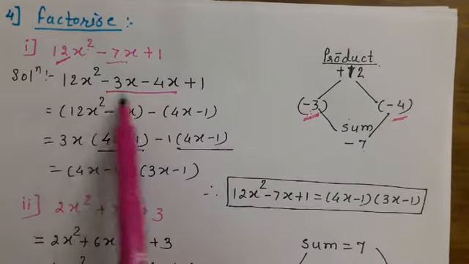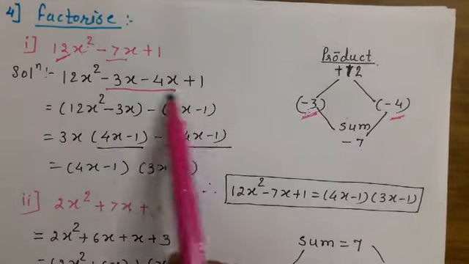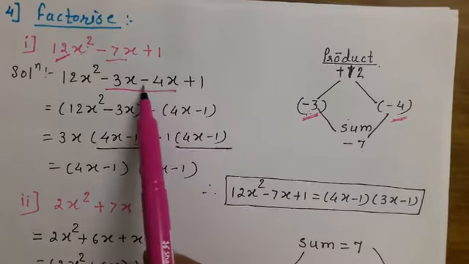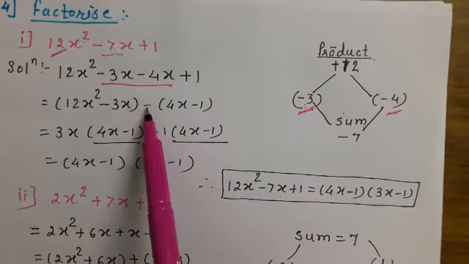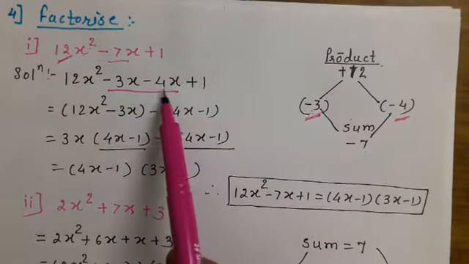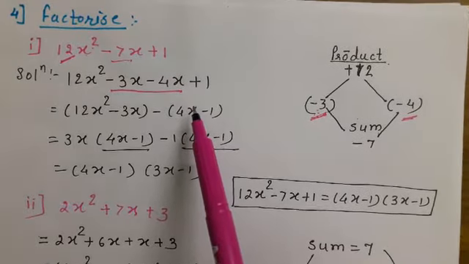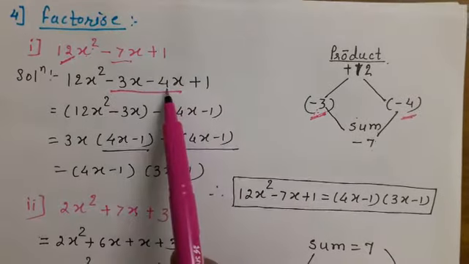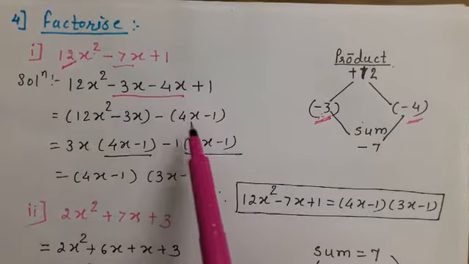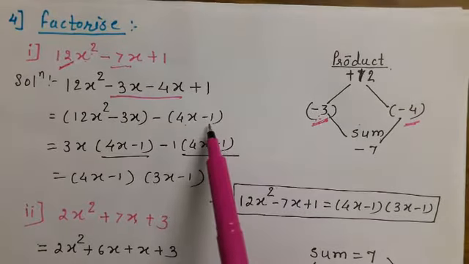Grouping means two terms in one bracket, 12x square minus 3x. Next, you are finding that the first term has a negative sign, so we will take out the negative as common and the rest of the terms will get their signs changed. Means when it is minus 4x it will become plus 4x, and when it is plus 1 that should be minus 1.